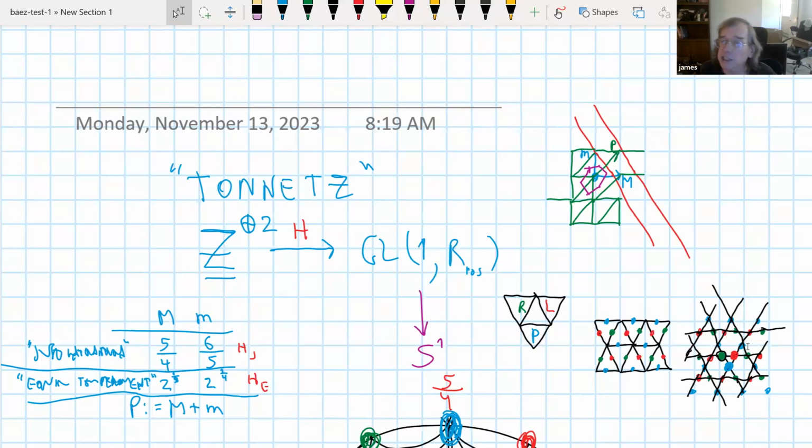We ran into it when we were thinking about a seemingly completely different subject, Grothendieck's children's designs in the abelian case. And that led us into this infinite dihedral group.